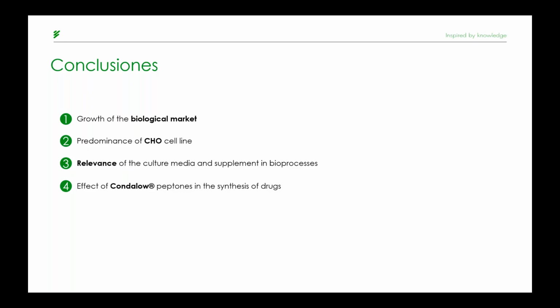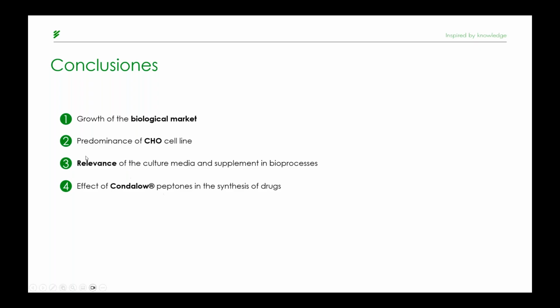So what are called biosimilars are starting to appear, which are the generics of the biological drugs. Then another topic was the predominance of the cell line, used in over 70% of the bioprocesses in this industry.